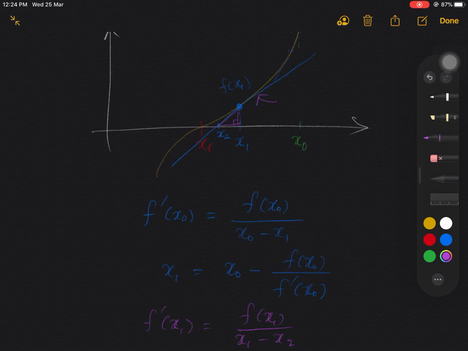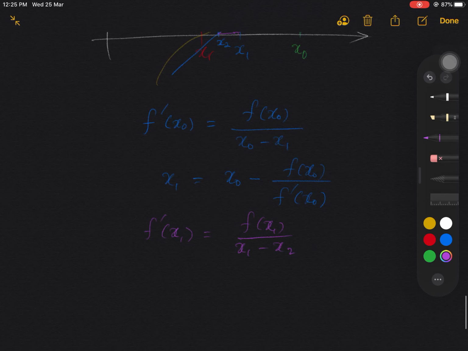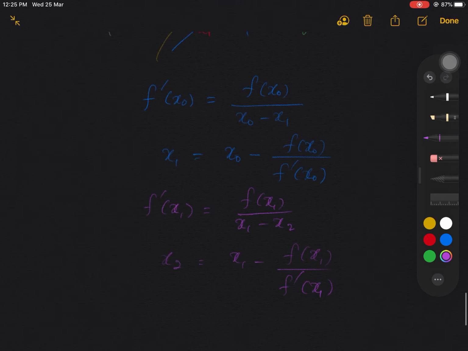The slope of this line is f prime x1 because it is the tangent when x equals x1. I rearrange this and get x2 equals x1 minus f x1 divided by f prime x1. And then I repeat and repeat.